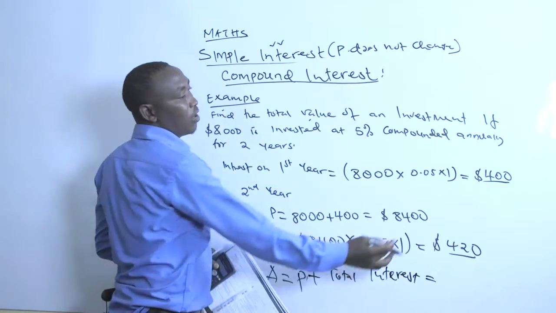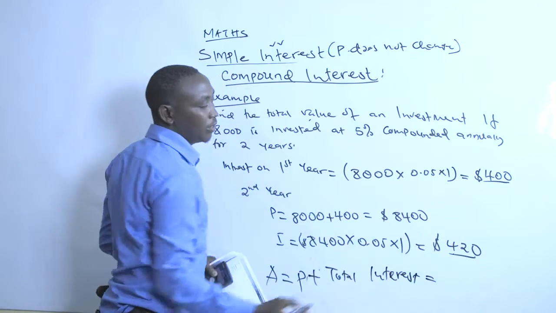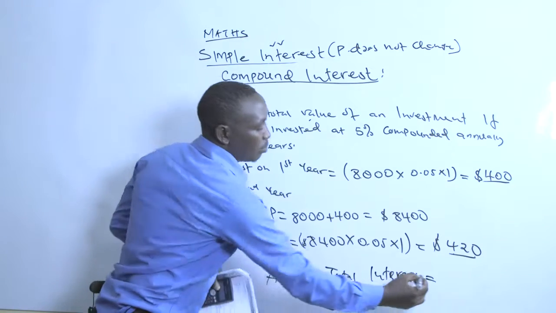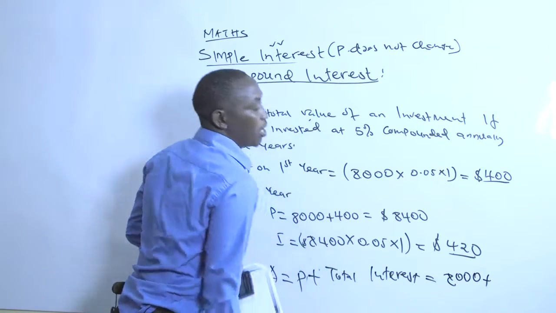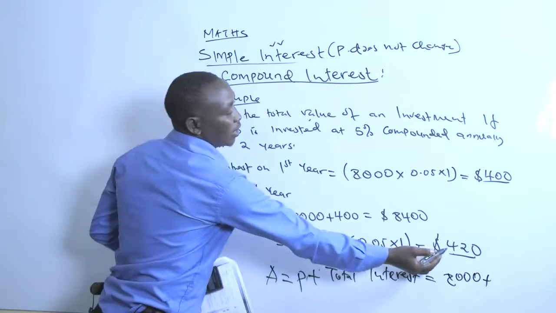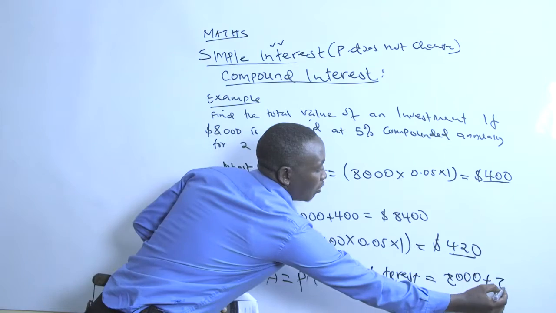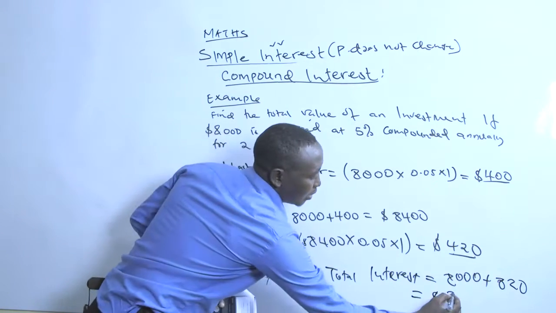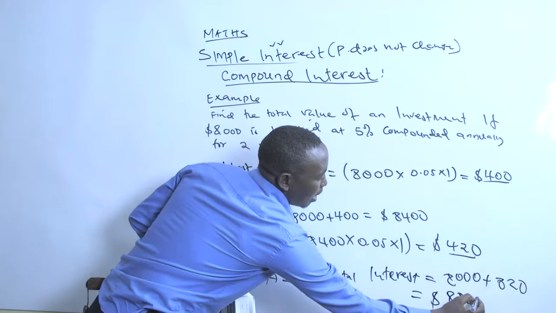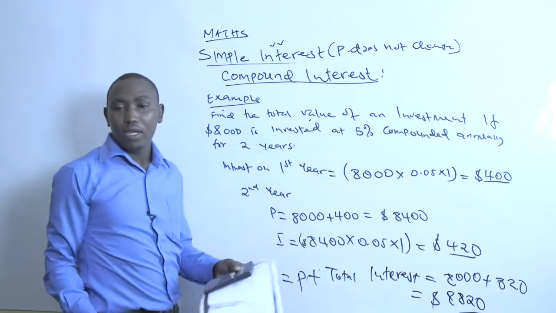The total interest is now the interest in the first year plus the interest in the second year. So that will be $8,000 plus, when you add 400 and 420, you get a total of 820. So this will be $8,820.